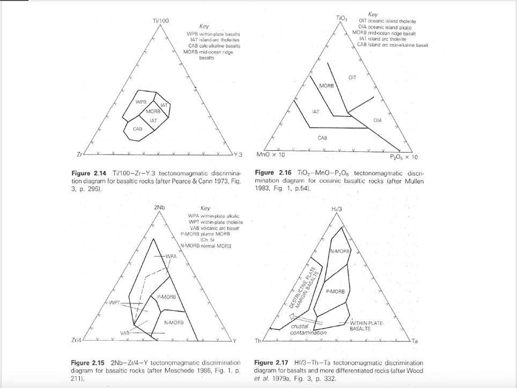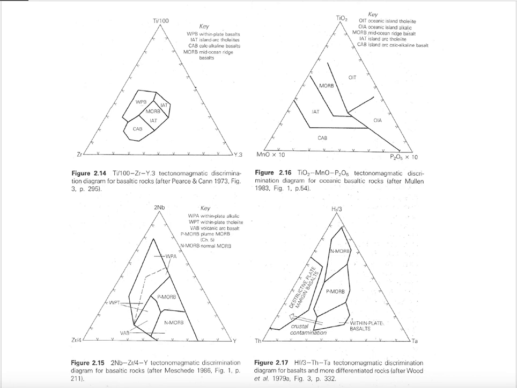Then we have different geotectonic settings within the triangle. We have WPB, these are within plate basalts. Then we have IAT, these are the island arc tholeiites. Then we have CAB, these are the calc-alkaline basalts.